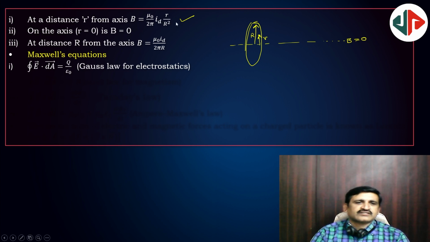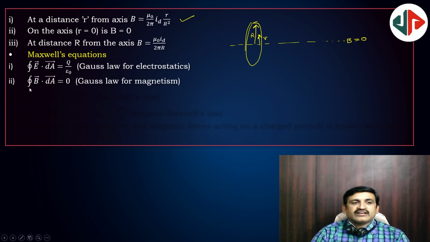Okay, next, Maxwell's equations. The very first equation is Gauss law. The integral of E dot dA is the total flux emerged out from a closed surface, equal to q by epsilon naught, that is 1 by epsilon naught times the q enclosed in it, which is Gauss law of electrostatics. That is Maxwell's first equation. Next, the integral of B dot dA is Gauss law of magnetism.